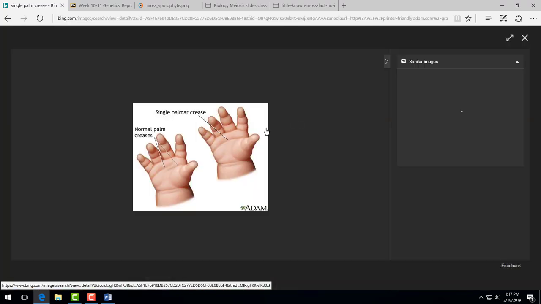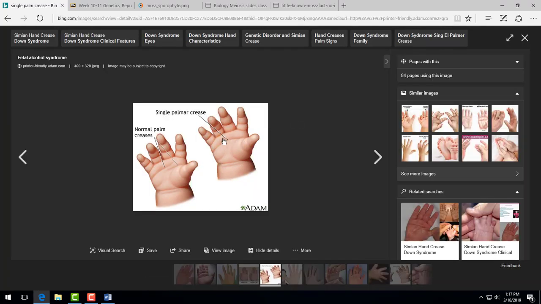So that's what it looks like. You go straight across. Most everybody else has an M. If you look at your hand, I can show you what that looks like.